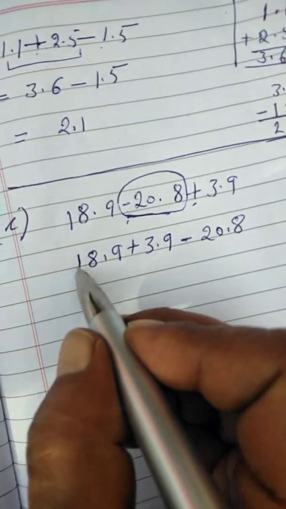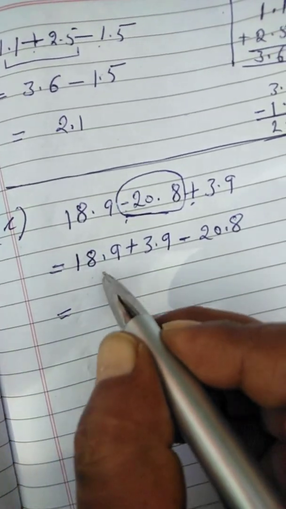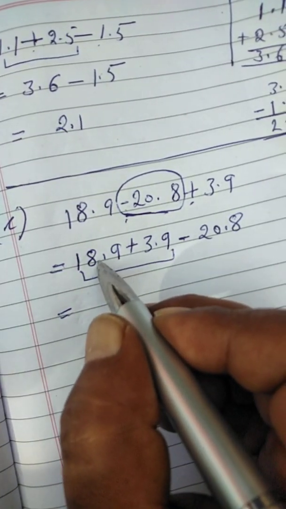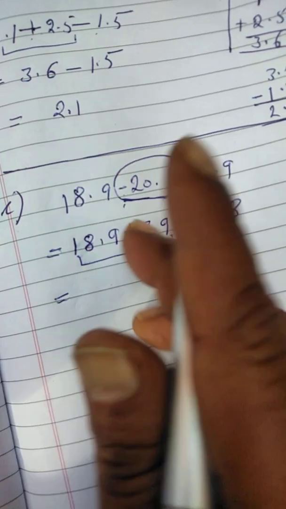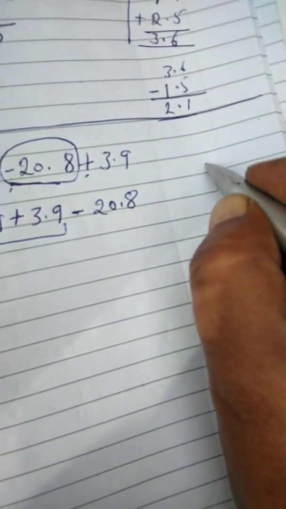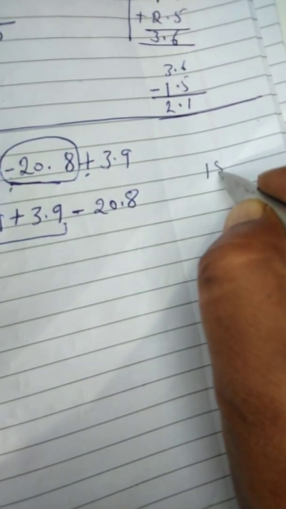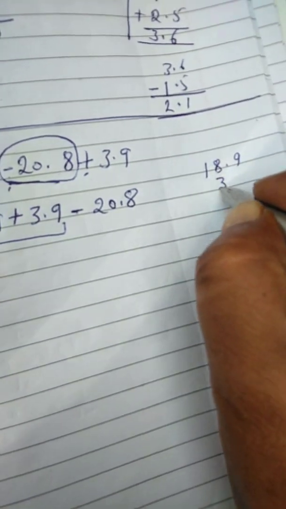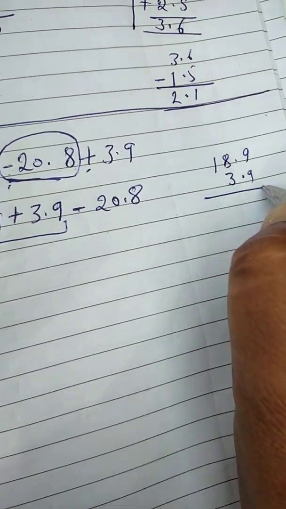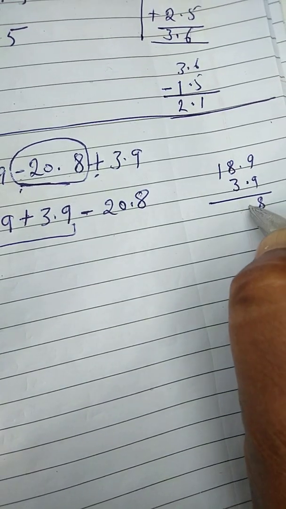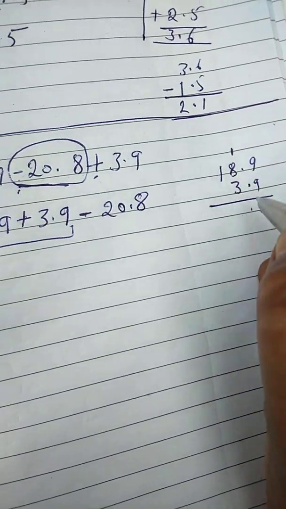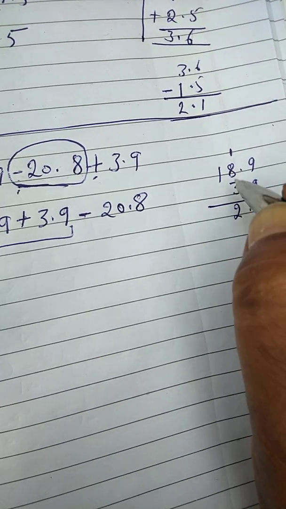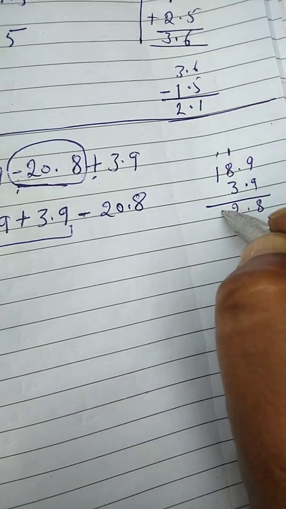Now after that we will add the same terms, that is 18.9 plus 3.9. You can add in the rough column: 9 plus 9, 18, one carry is here, 8 plus 1, 9, plus 3, 12, and 1 plus 1, 2.